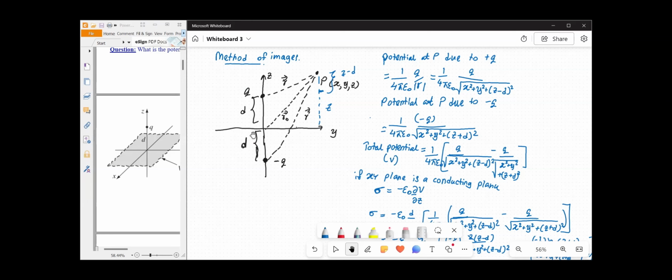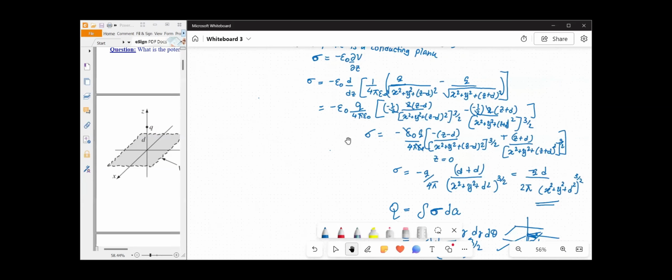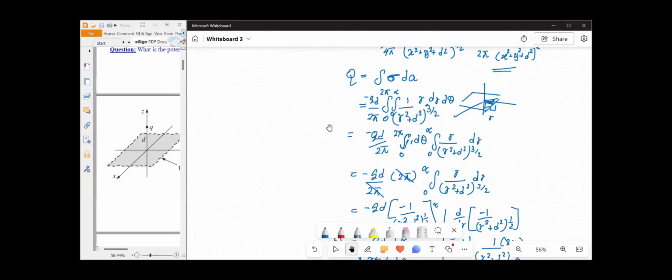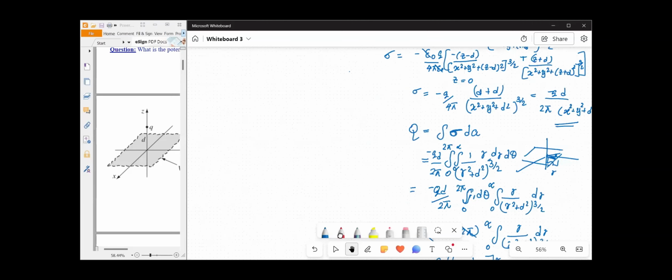If the xy plane is a conducting plane, we calculated the charge density that will be induced due to this potential. For the charge distribution, we obtained this equation, and with that, on this xy plane, there will be a negative q charge induced.